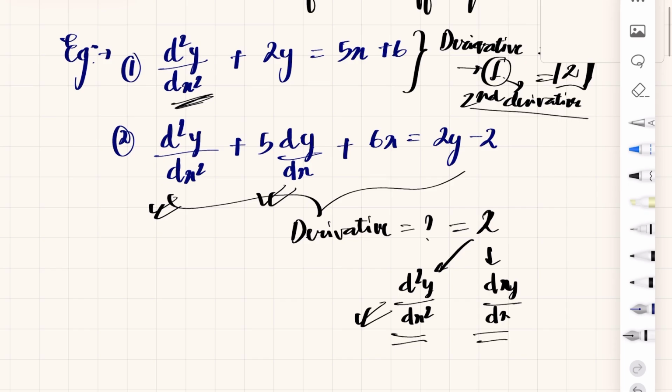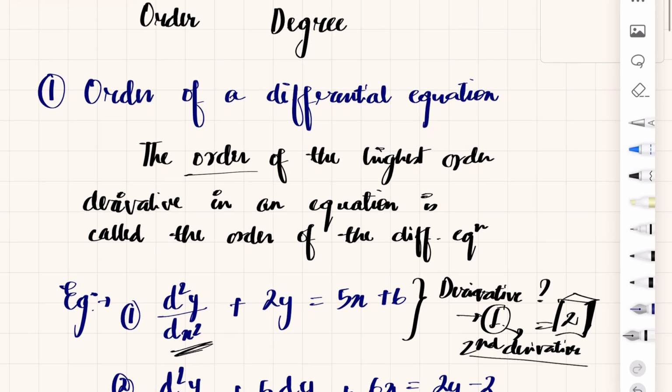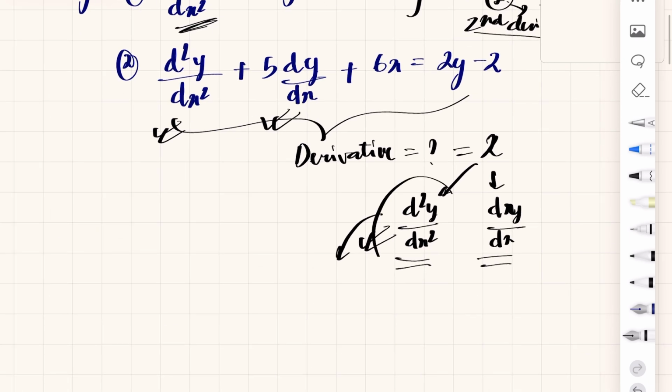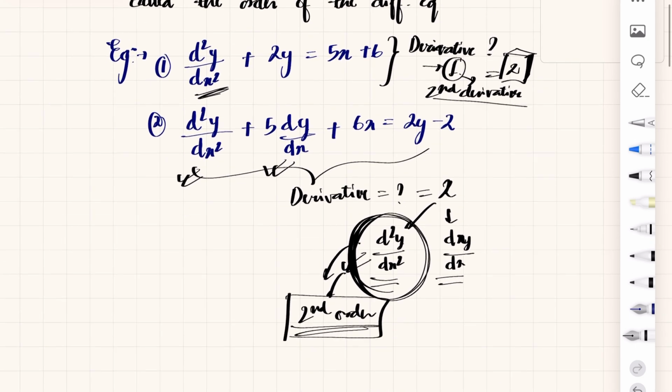This one is the highest. Let's look at the definition: the order of the highest order derivative. What is this? It is the second order. So the answer is this. Correct? So that is the example.